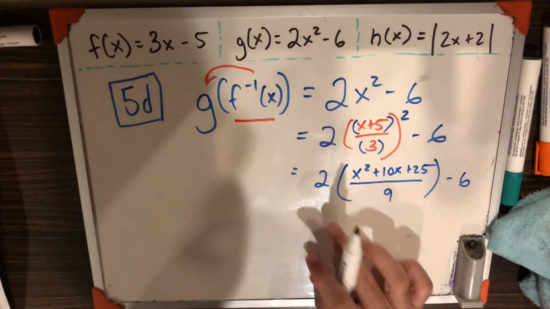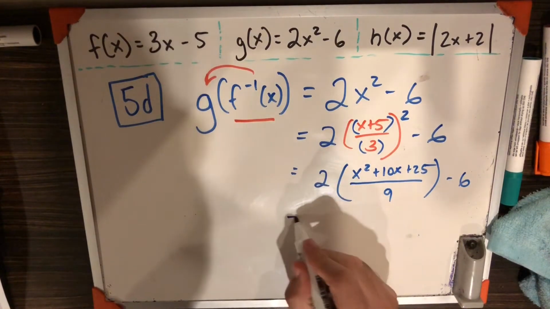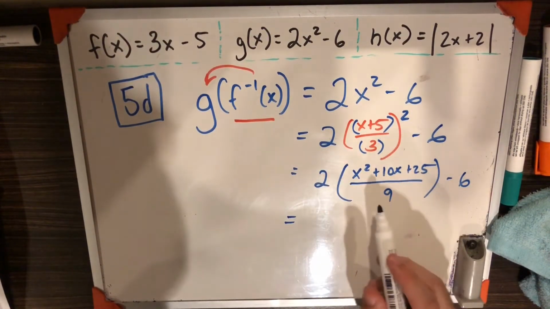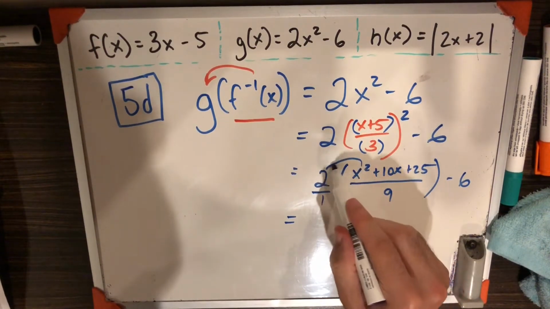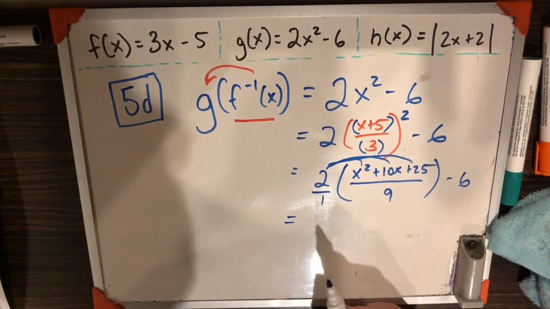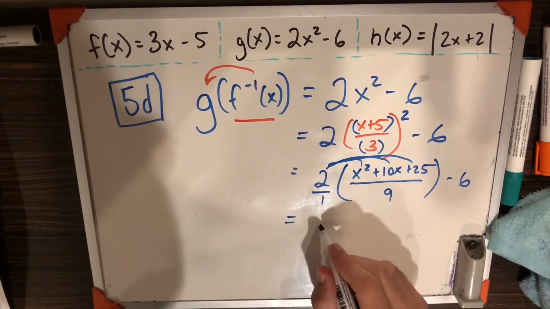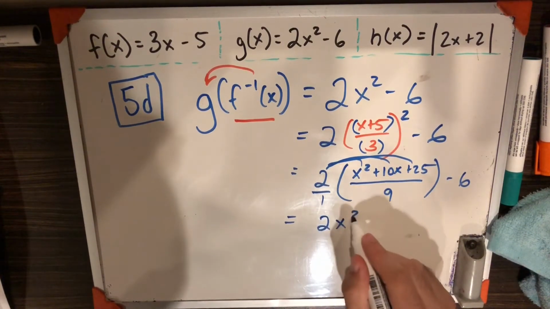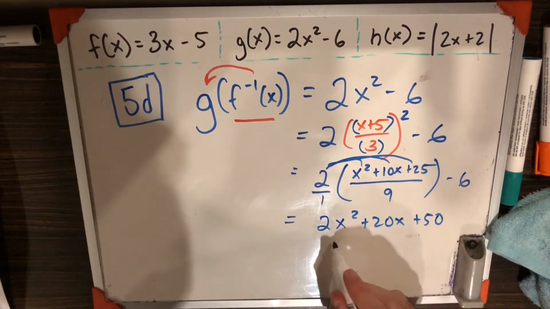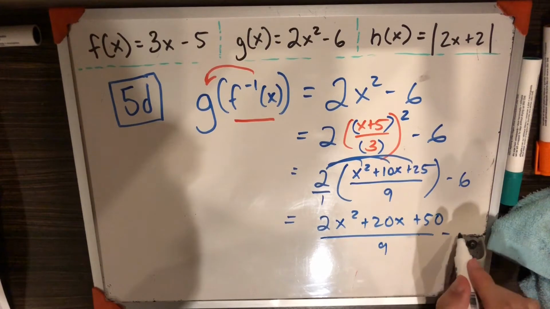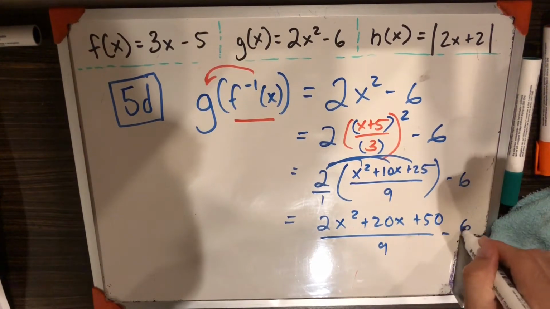All right, now we can start simplifying a bit more. This 2, again, I'm multiplying fractions here. So this 2 multiplies to here, here, and here. I end up getting 2x squared plus 20x plus 50 divided by 9 minus 6.